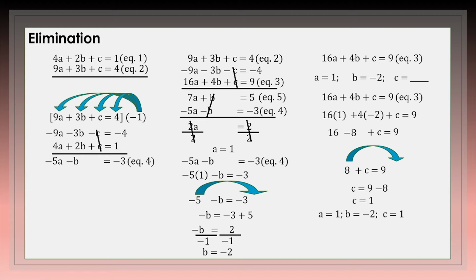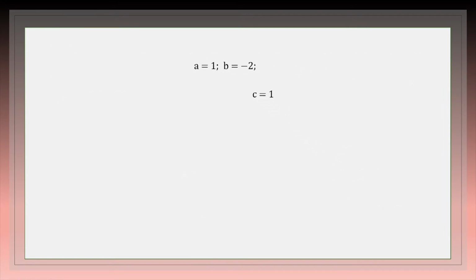So, ngayon, naharap na natin yung ating equation. Paano nga ba isusulat yung ating equation? So, you need to substitute the value of A, B, and C on the standard form of the equation. Okay, so let us substitute. The standard form is y is equals to ax squared plus bx plus c.